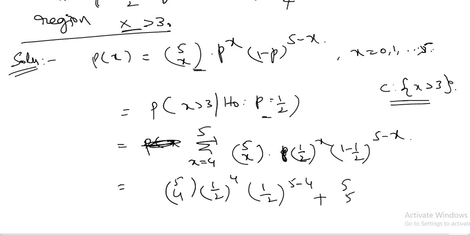X equals 5: plus 5C5 (1/2)^5 into (1/2)^(5 minus 5).